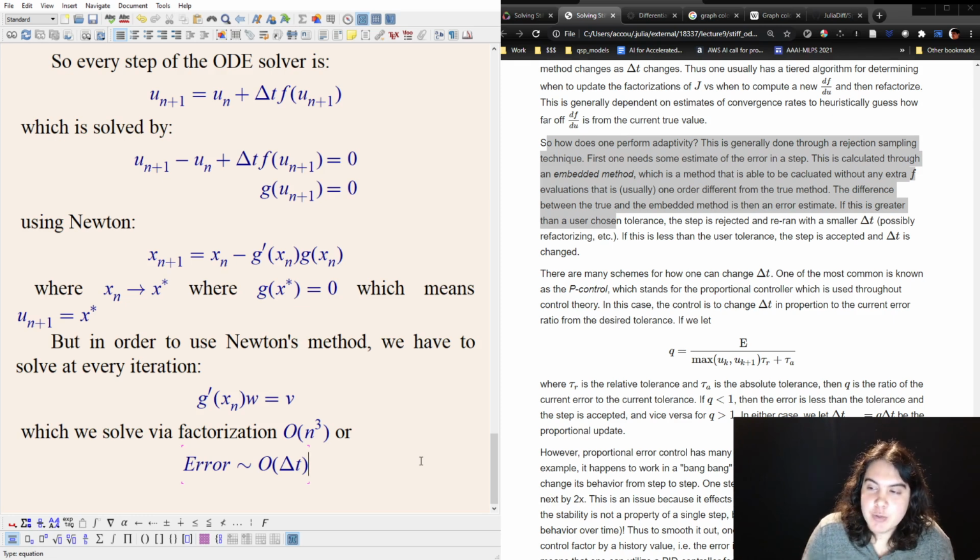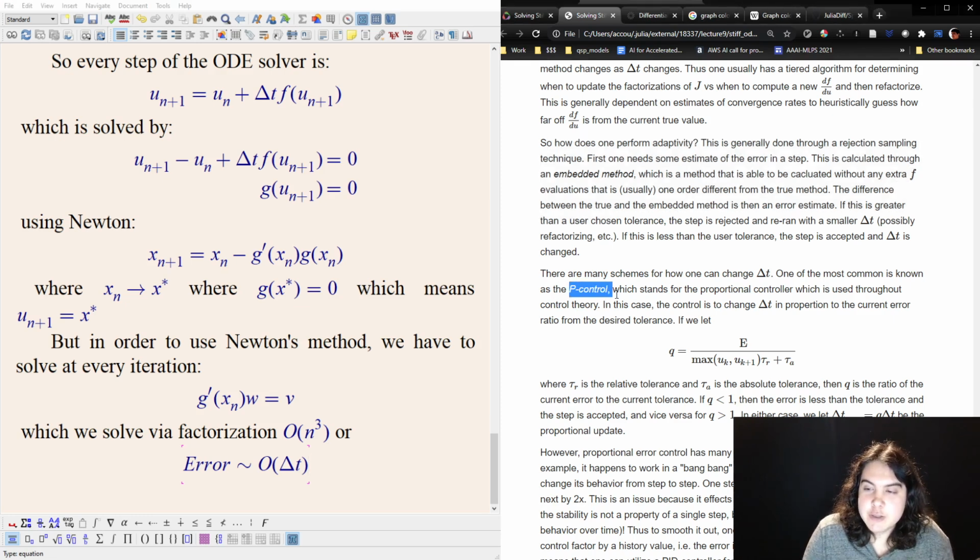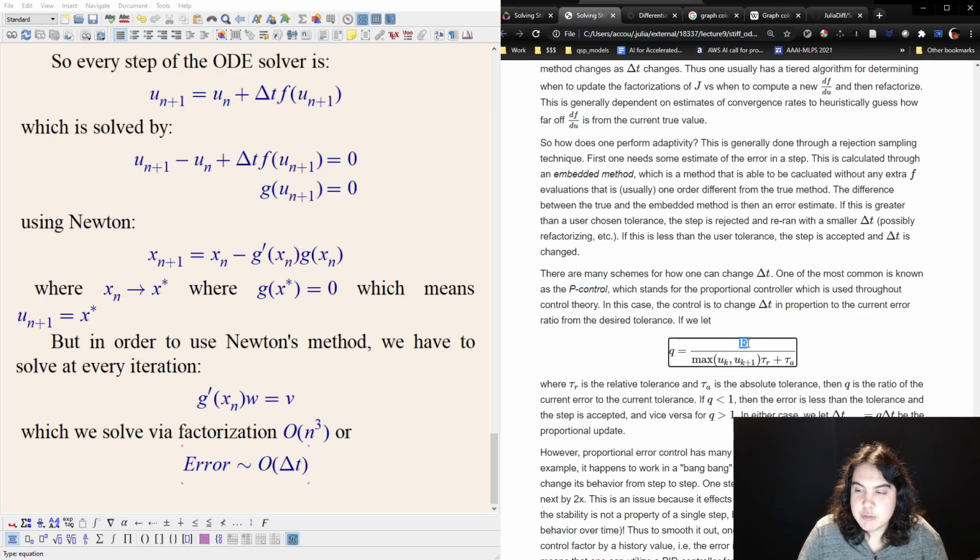So this is called the proportional control method. You use two different methods, you subtract their results to get an error approximation, and then you use a constant proportional to that error calculation to tell you q, where your next delta t should be, q times delta t.